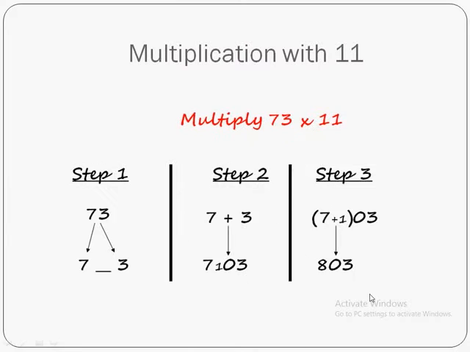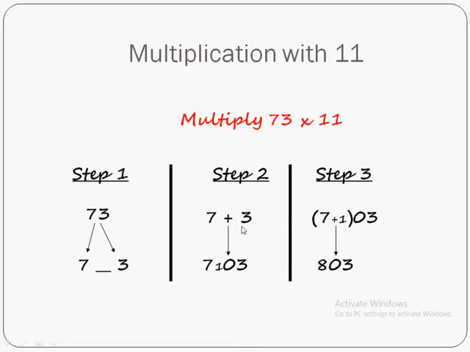So let us do one more example. Multiplying 73 with 11. We split 73 with a space. Now we try to add 7 plus 3 and place that number in between them. The problem here is that 7 plus 3 gives a two digit output, that is 10.